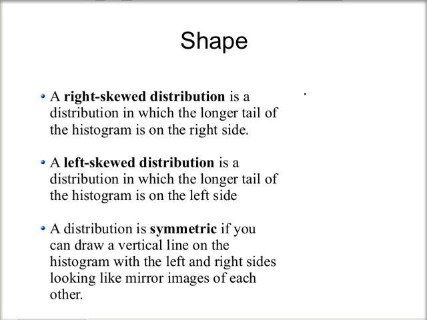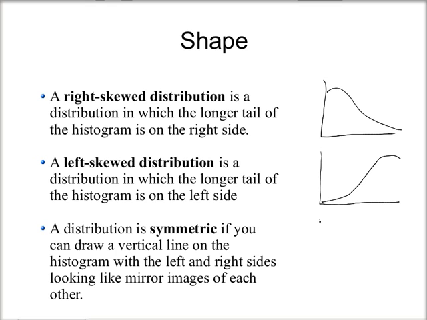So let me draw just an example of what that would be like. If I have a histogram that's got high values on the left and then trails off to the right, that is right skewed. A left skewed histogram is the opposite. It's going to be low on the left and then come up to a peak on the right.